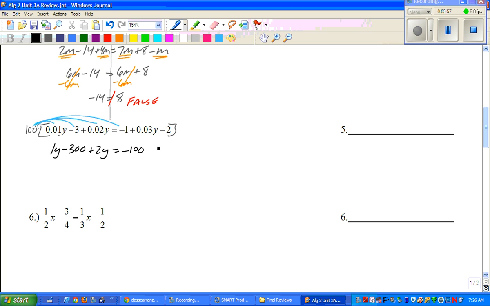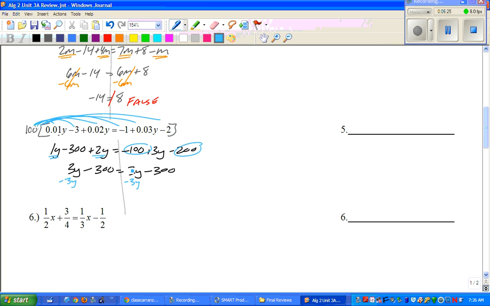negative 100 plus 3y minus 200. Combine your like terms on each of the sides. We get 3y minus 300 equals 3y minus 300.